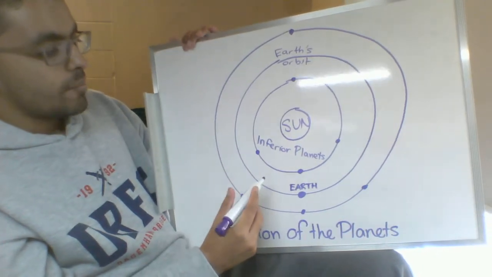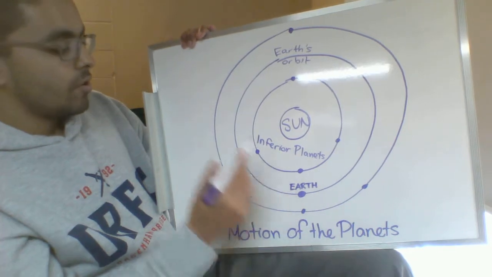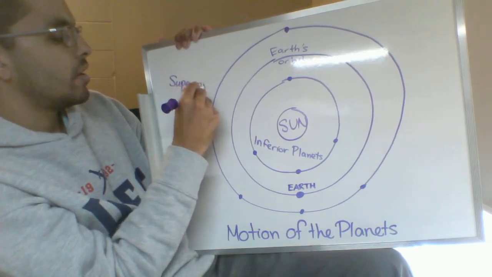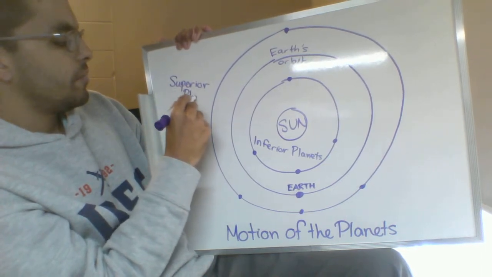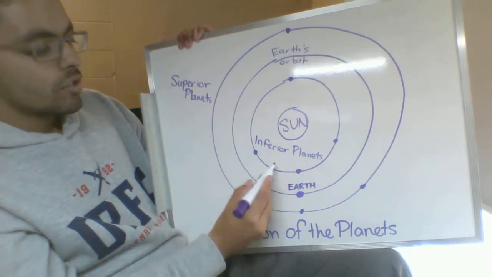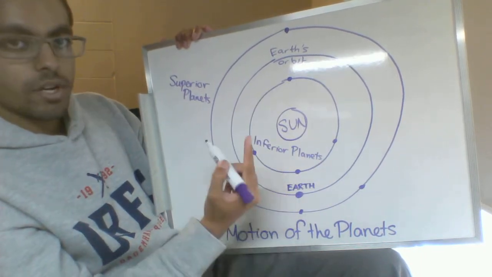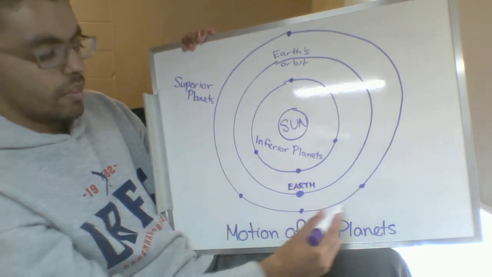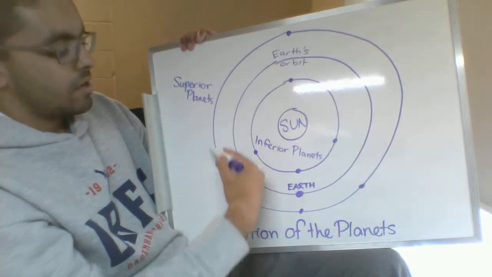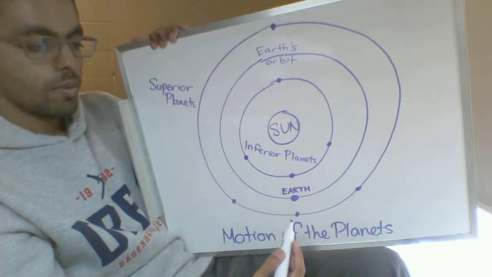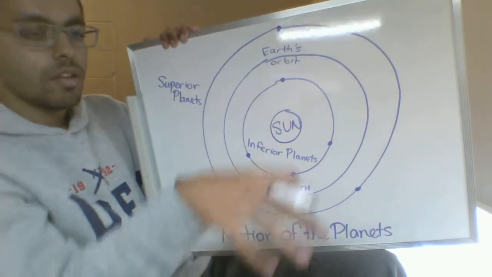And any planets farther out are known as superior planets. This orbit right here could represent either of the inferior planets, Mercury or Venus. And this big one out here could represent the orbit of any superior planet, so it could be Mars, Jupiter, Saturn, Uranus, or Neptune.